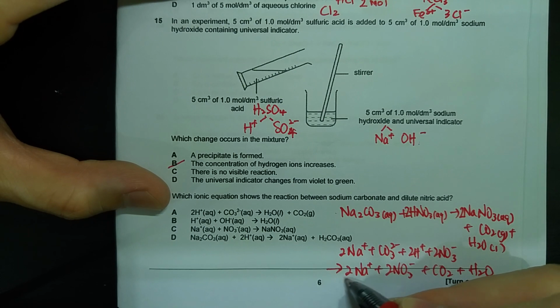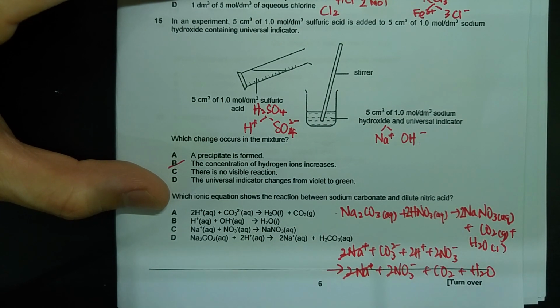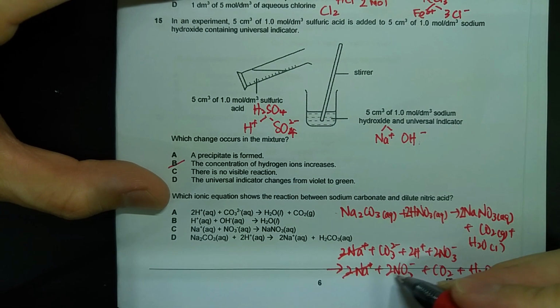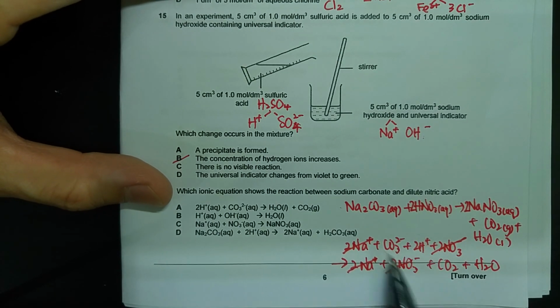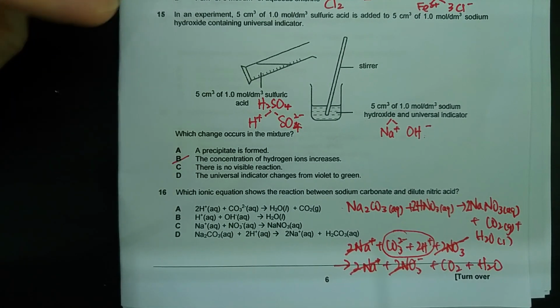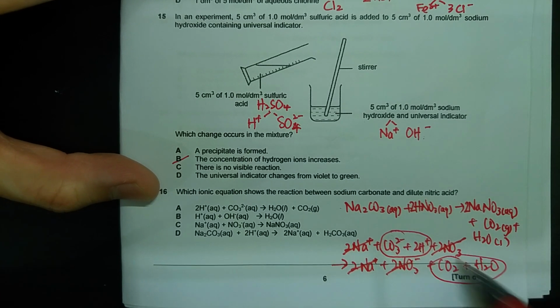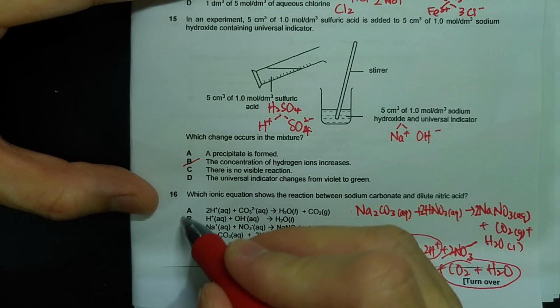Then you cancel off the spectator ions, which are the ions that are the same on both sides of the chemical equation. So what is left is this one as the reactant, these two as the product. So the answer is A.